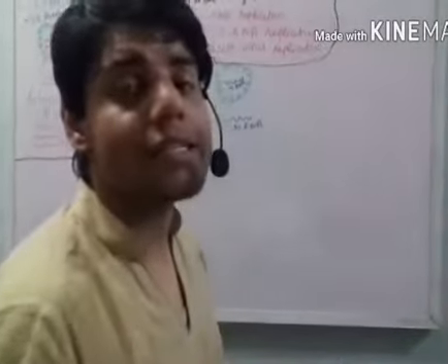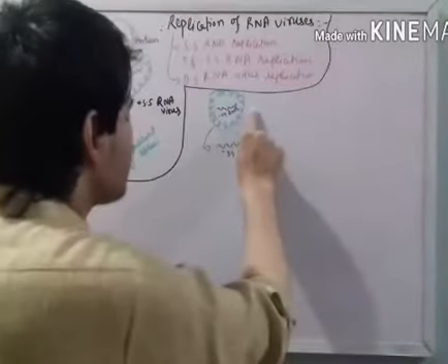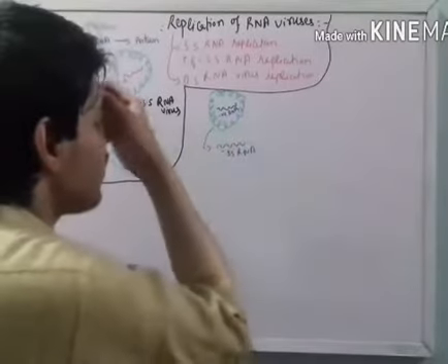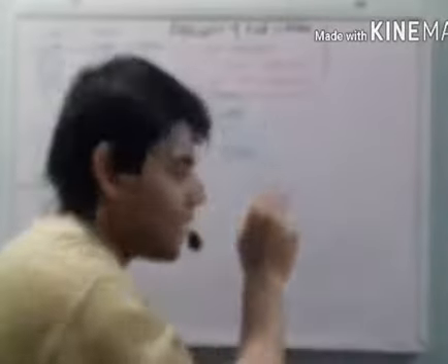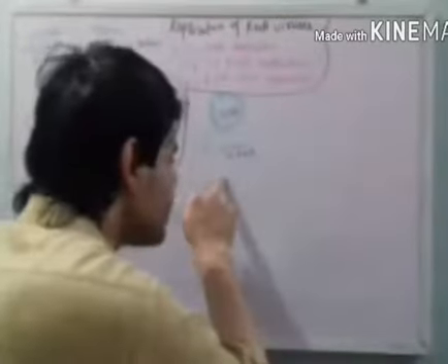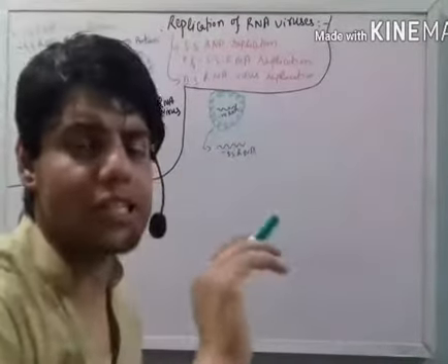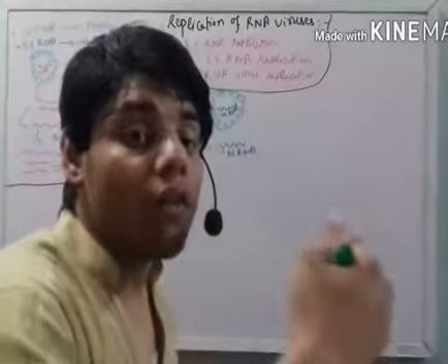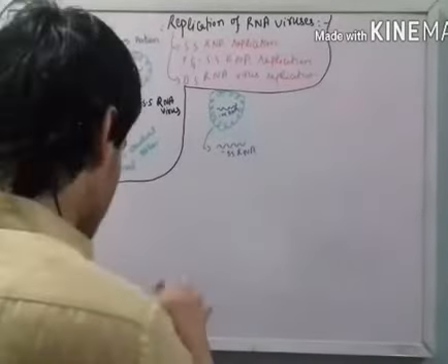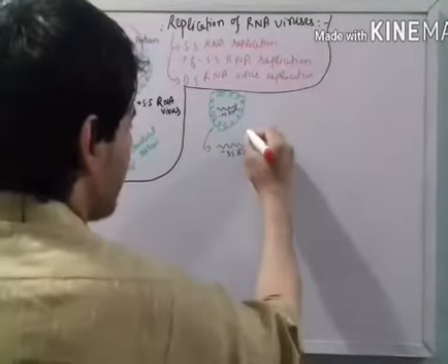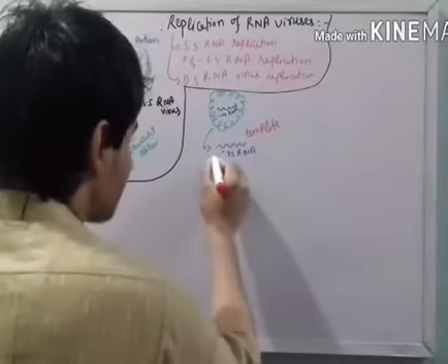Once the virus attaches to the host cell, it releases its negative single-stranded RNA, which is used as a template for the production of positive single-stranded RNA. So it is used as a template again, and once it is used as a template, what do we get?